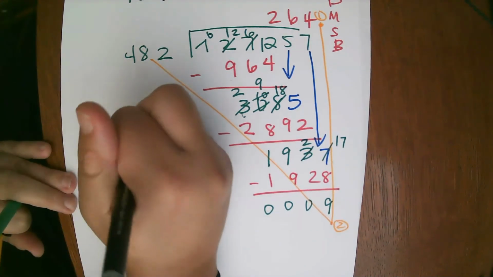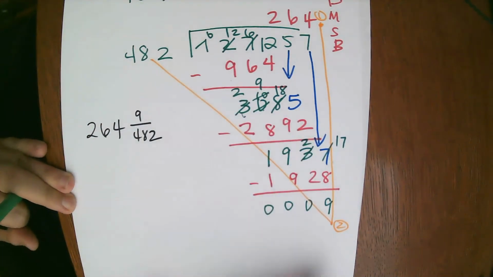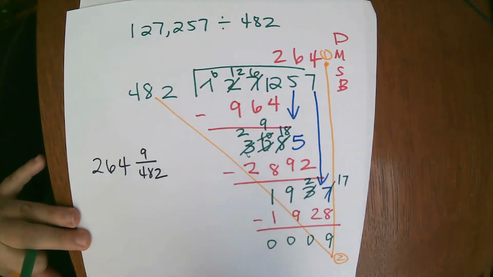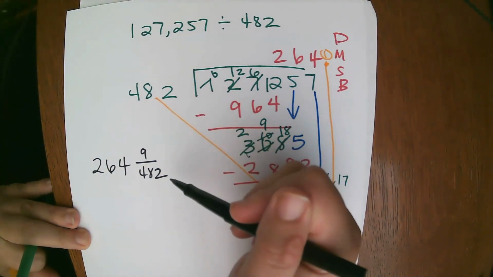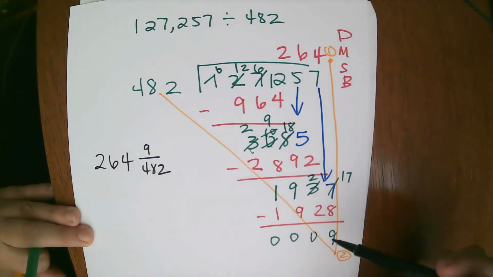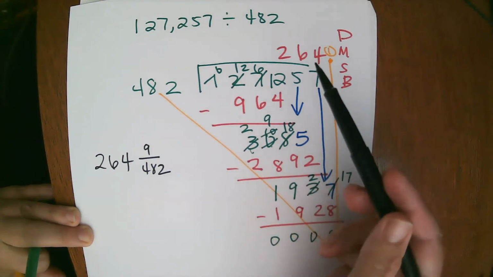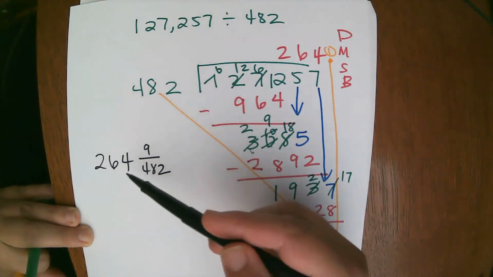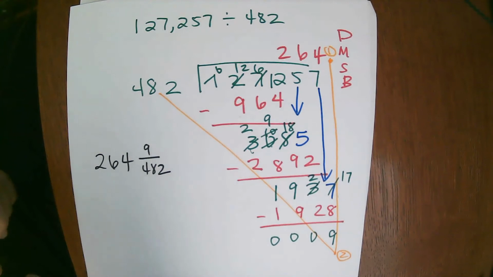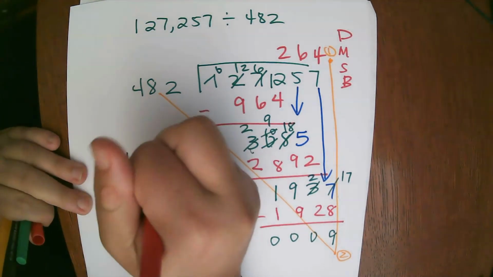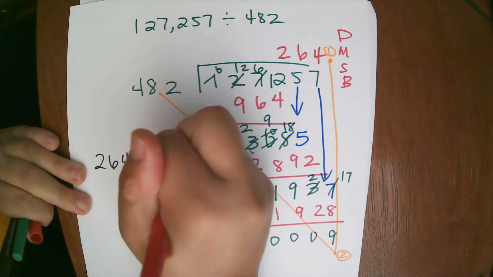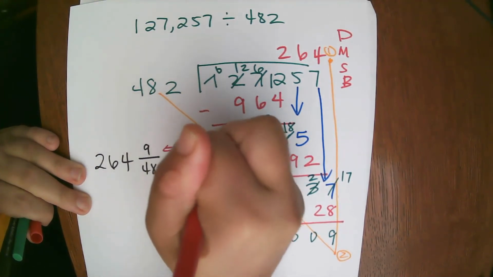And the last part, that's going to be your divisor, which is your denominator. Okay? So your divisor is always going to be your denominator, your remainder is going to be your numerator, and your quotient is going to be your whole number.